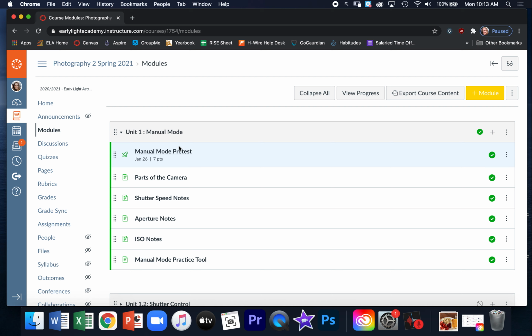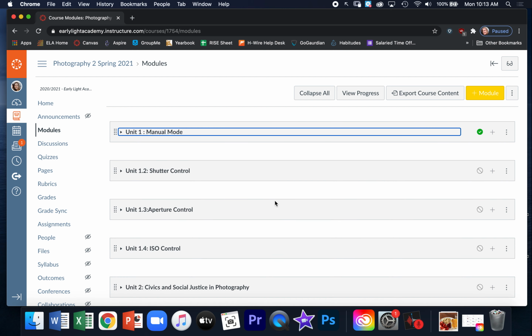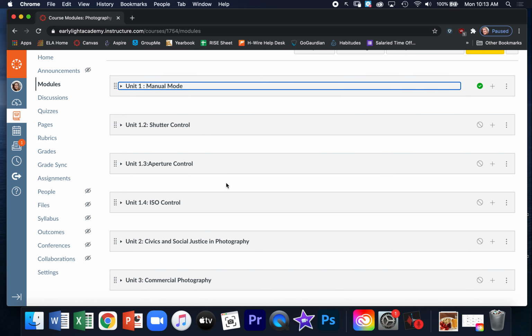On Monday, like today, in class, I reviewed what's coming up and what I'm hoping to do. So our next couple of things are all related to manual mode, basically. We're going to do 3 mini units. You can see how I put unit 1.2, 1.3, 1.4. These are all technically still part of unit 1. They're just separated to make things more organized and easier to see.